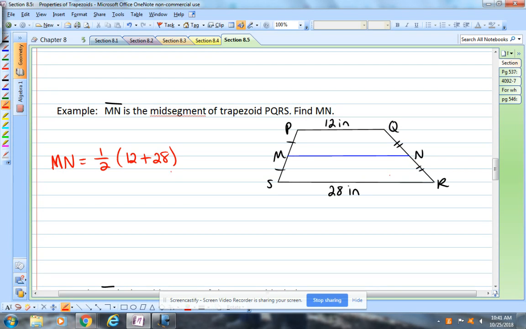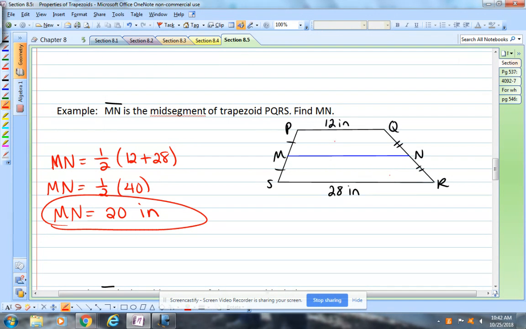Now, order of operations, we do parentheses before we multiply, correct? Okay. So what is 12 plus 28? 40. And what's half of 40? 20. And these are in inches, so your answer needs to be in inches. The length of MN equals 20 inches.